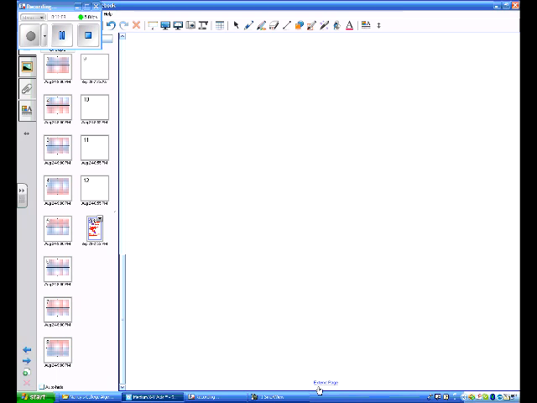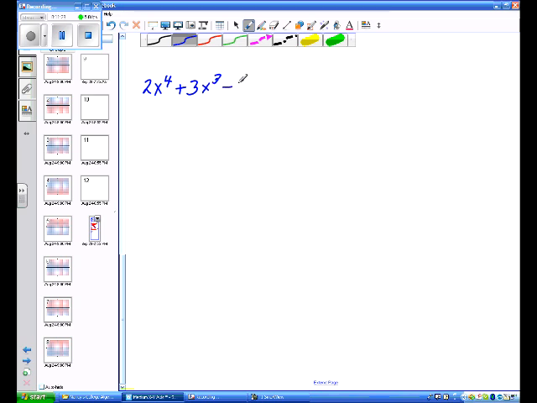So if we wanted to, we would have 2x to the fourth plus 3x cubed minus 7x minus 10 divided by x squared minus 2x.